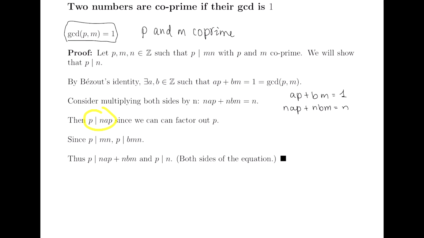So P divides NAP because I can literally factor out P. And we have that P divides MN, because we already know that by assumption, and then that means that P divides BMN. That means that P divides both NAP and NBM, which means P divides NAP plus NBM. Now, based on the way that this is written, we can then conclude that, in fact, P must divide N.